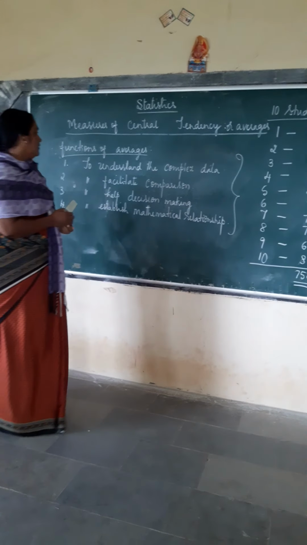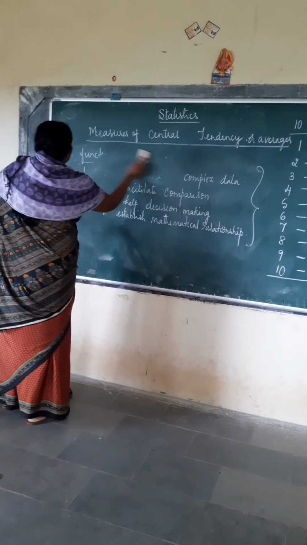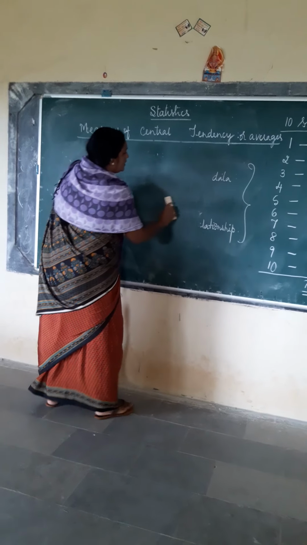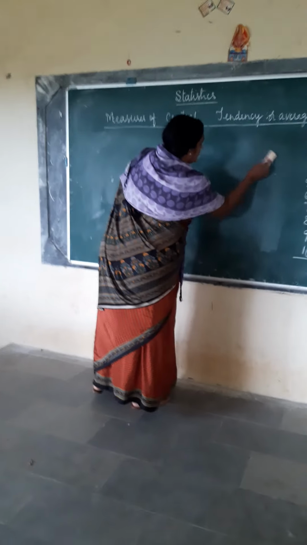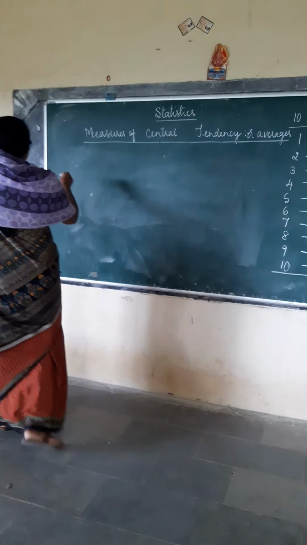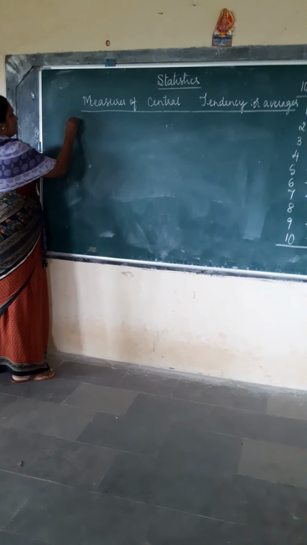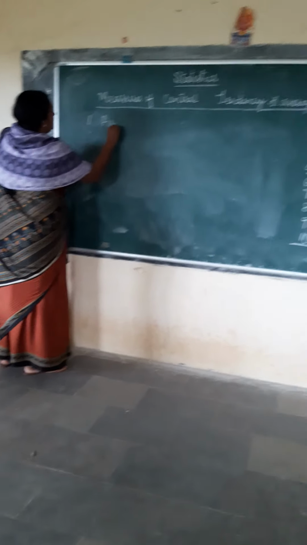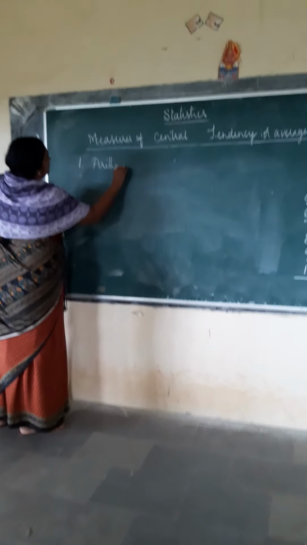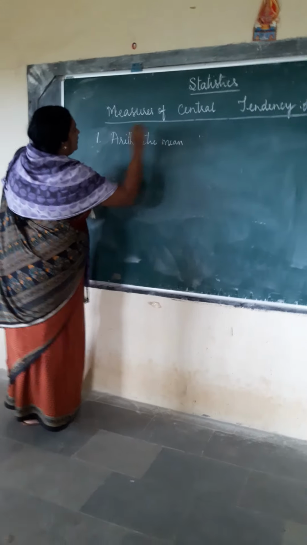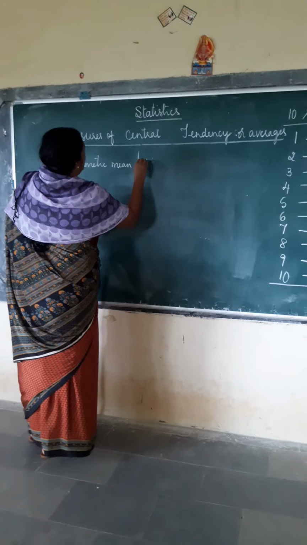Central tendency. Next is, what are the different averages or measures of central tendency we use? The different measures of central tendency that we use: one is arithmetic mean, or it is simply called mean.